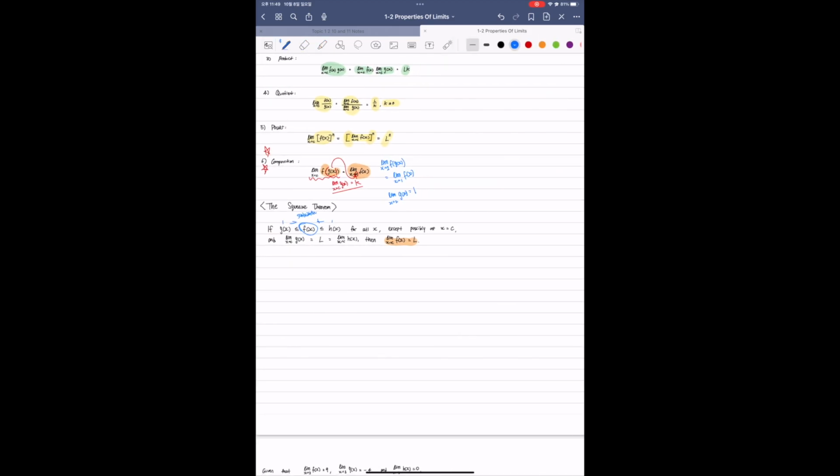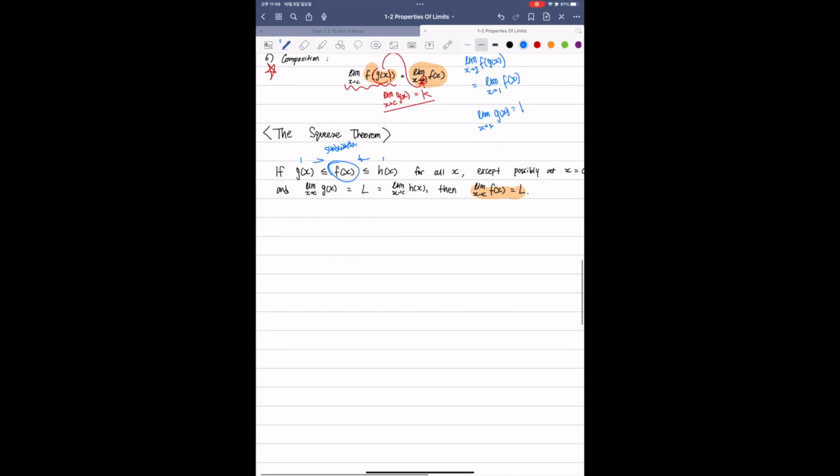For example, given that f(x) equals sine x over x, then we know this.